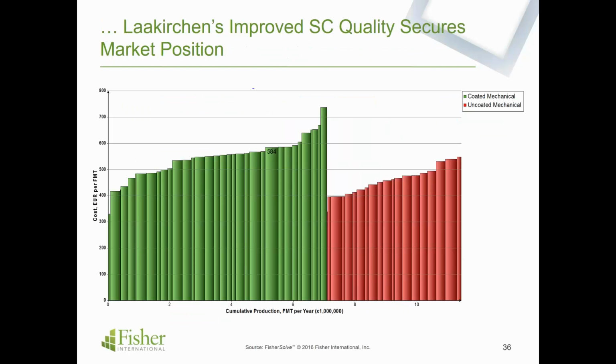And PM11 in Laakirchen is speed limited and maybe to some extent quality limited too. If they would get both more speed than the machine itself allows and better quality, they would be able to compete against LWC.